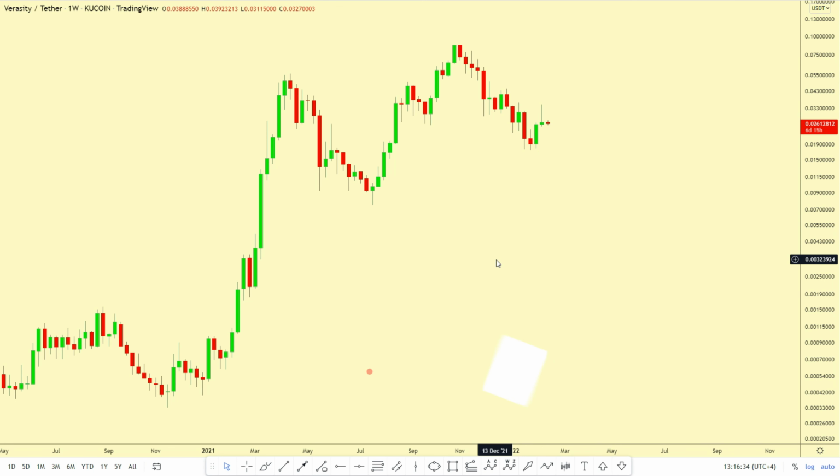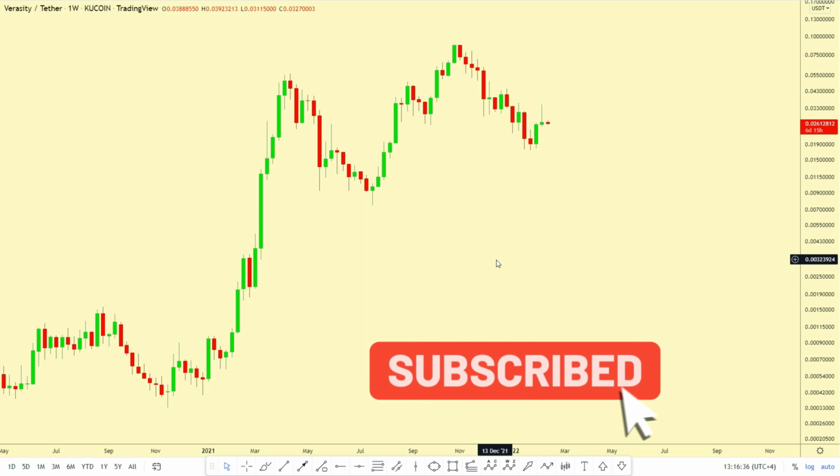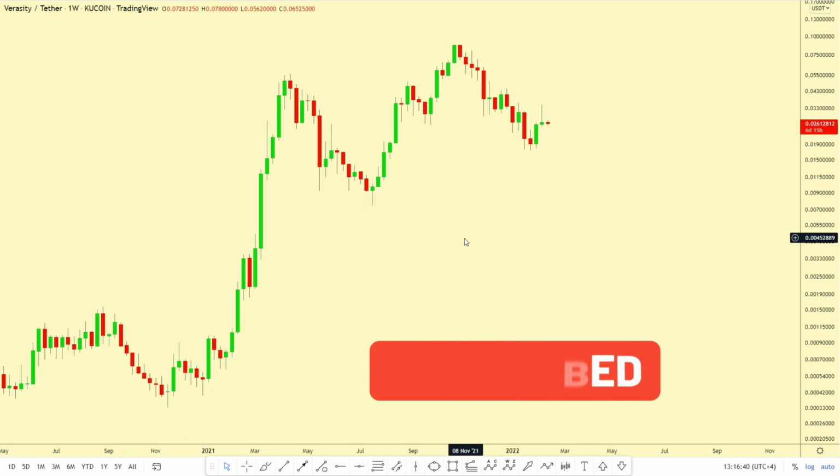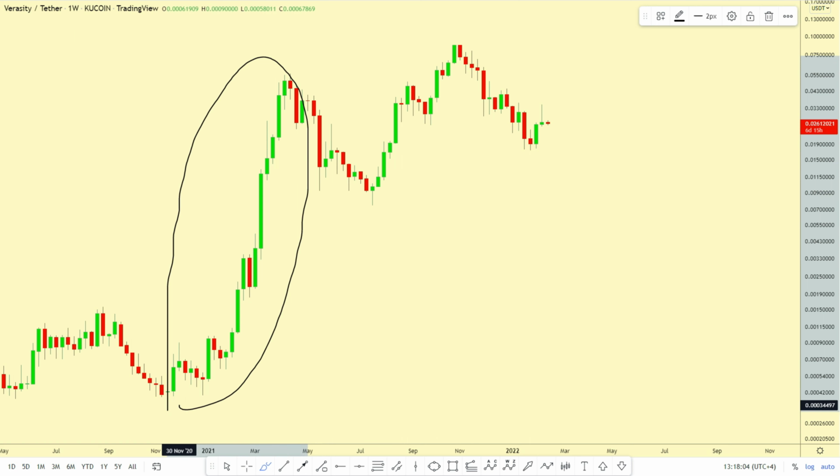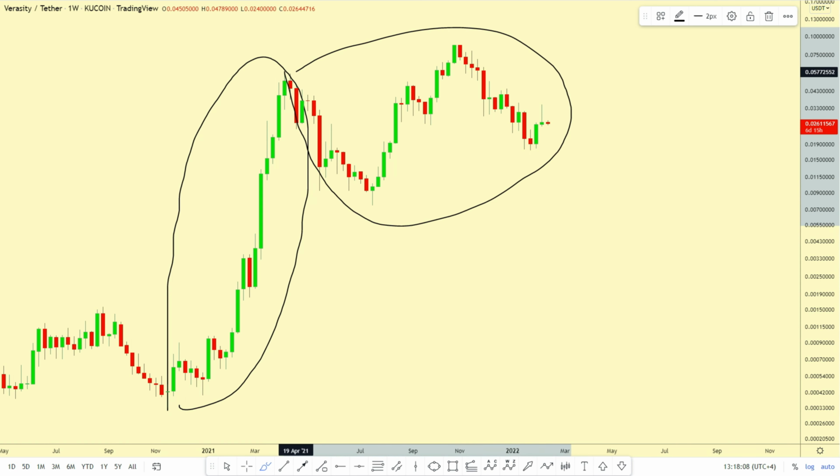Before jumping into the key decision point, let's first take a look at the bigger structure for some important insights. As it stands today, the bigger structure is still incomplete. This structure has given us two waves so far. The first one is an impulse, which is this one here, and the second one is a correction, which is this one over here.